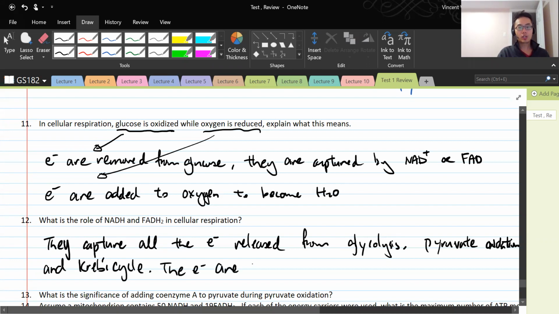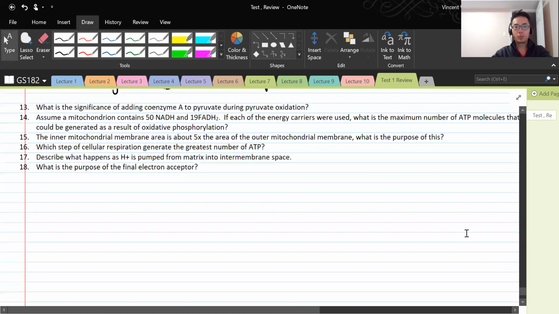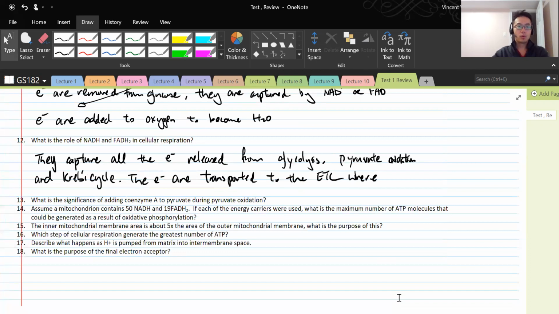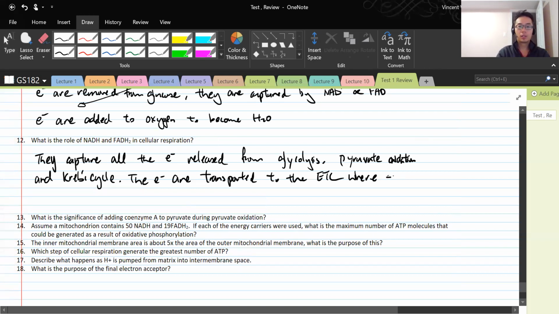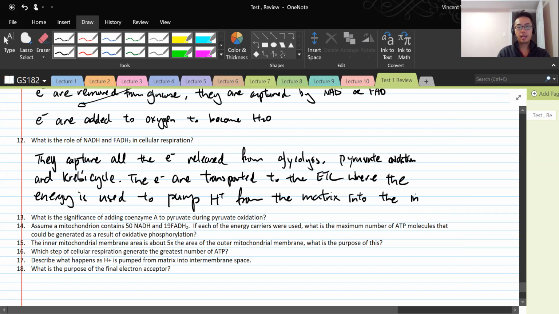The electrons are transported to the ETC, where the energy is used to pump H plus from the matrix into the intermembrane space.